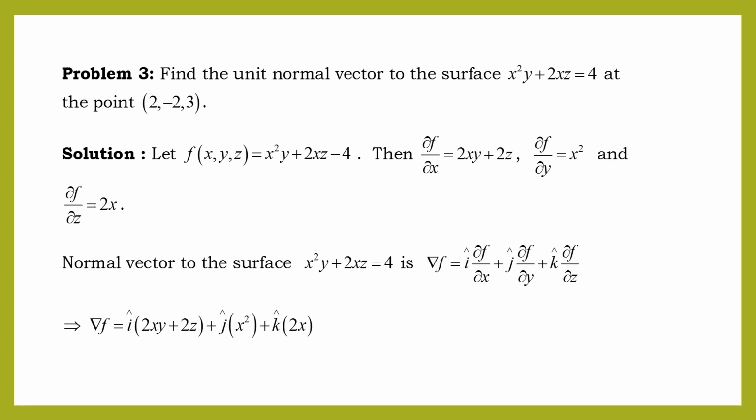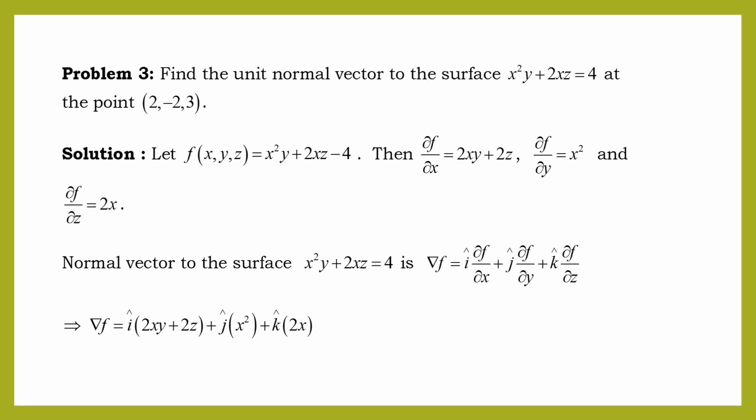To find out the unit normal, first let us consider the surface f of x, y, z equals x square y plus 2xz minus 4. To find out a normal or unit normal, we need to find out its partial derivatives, dou by dou x, dou by dou y and dou by dou z.